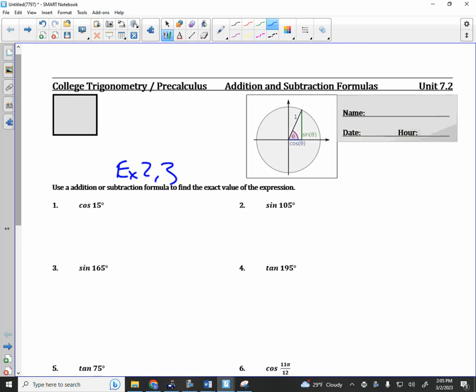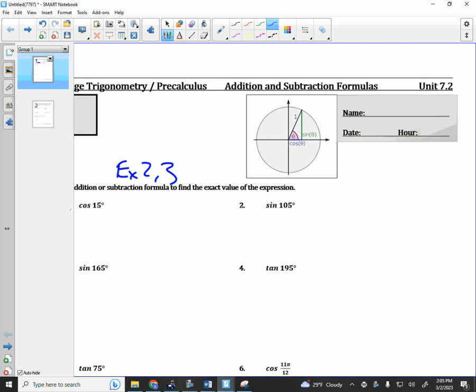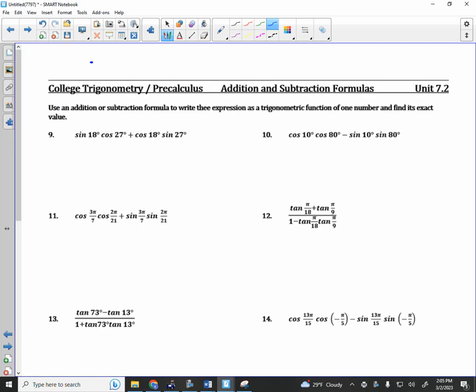We got some sine, we got some cosine, we got some tangent problems. Flip it over. These look really challenging. No, these should be easier. And these should be like example 1.